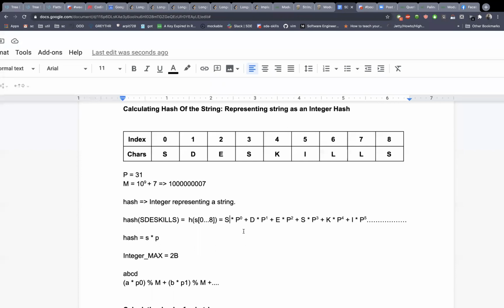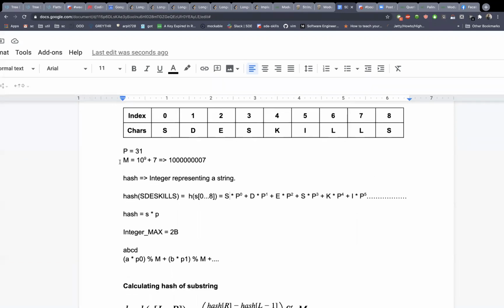ASCII ranges of letters lie from say 0 to 122, so if you choose some number above 122, then you won't have to do that. But this is generally a standard practice. Most of the solutions take 31 and map the values from 1 to 26. That's the reason I have chosen it.